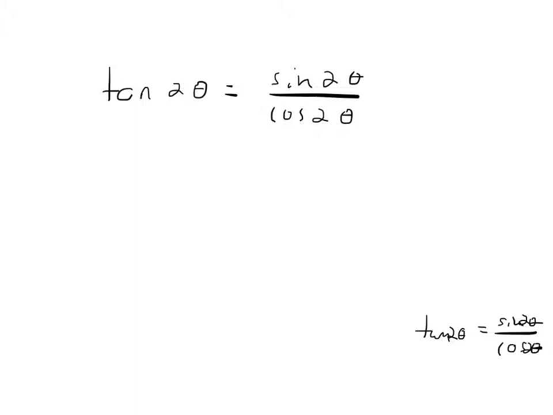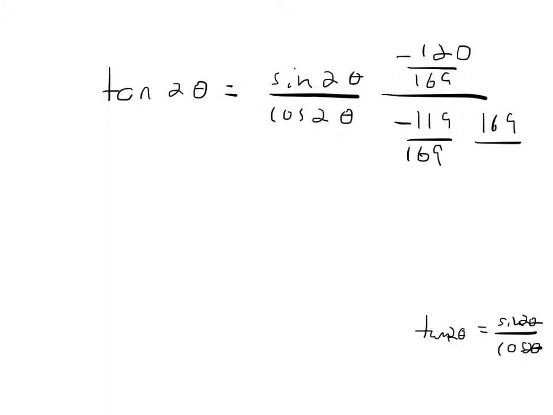Because I already know sine of 2 theta and cosine of 2 theta from my earlier work, I can sub in that sine of 2 theta is negative 120 over 169. And for cosine of 2 theta, I can plug in negative 119 over 169. I can multiply by the reciprocal to simplify this complex fraction.